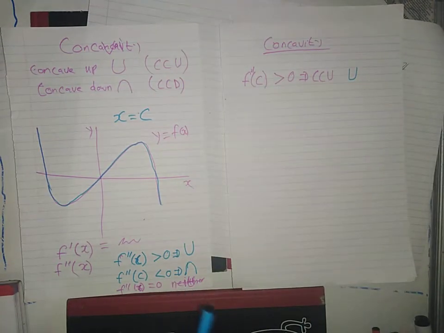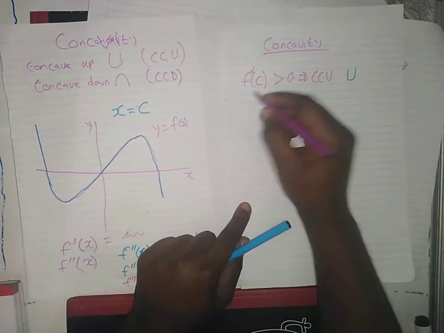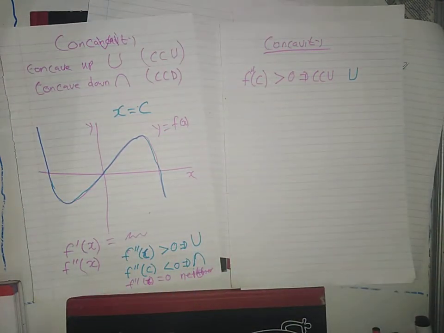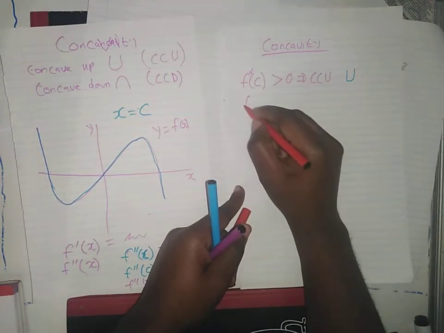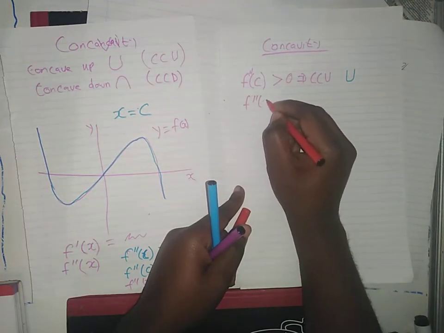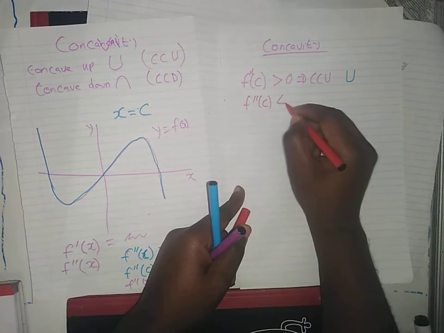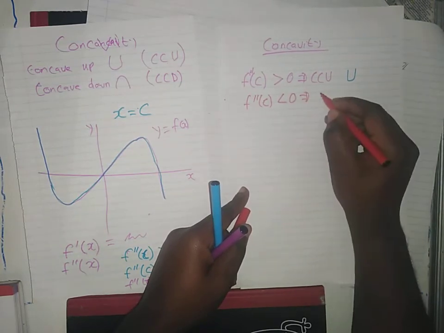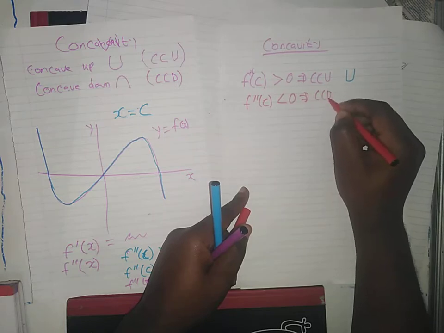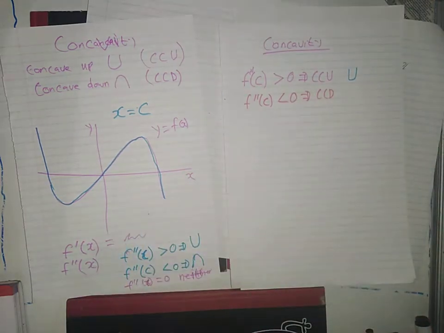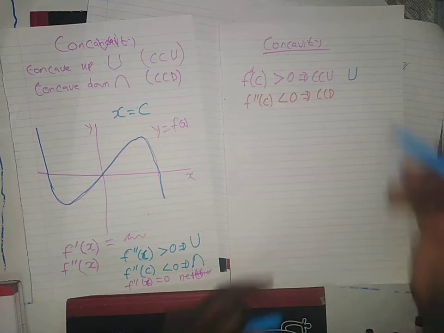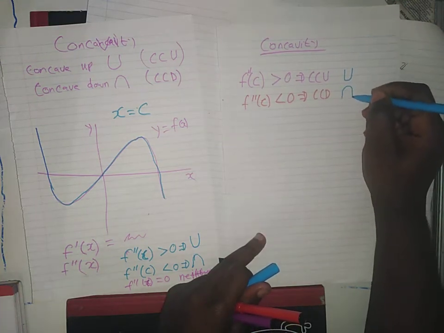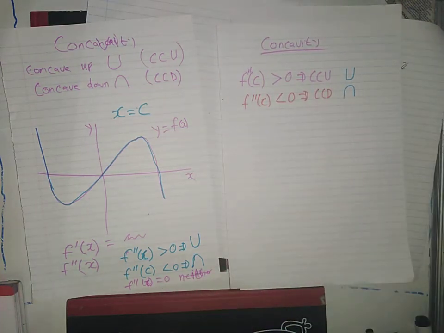Let me actually use a different color so that I can put a distinction between these two. If f prime prime at c is less than 0, that means you have concave down. When you have concave down, you have something that is standing like this. So Mr. Maxaba, what are you saying to us?